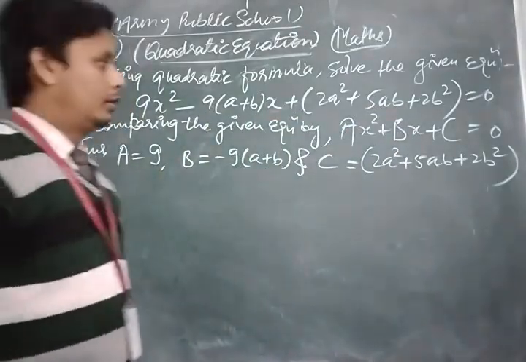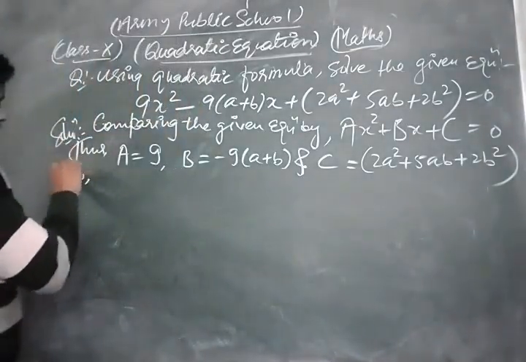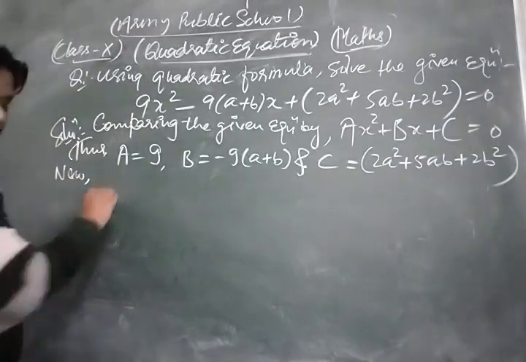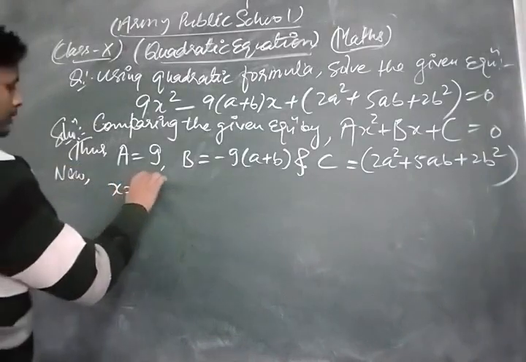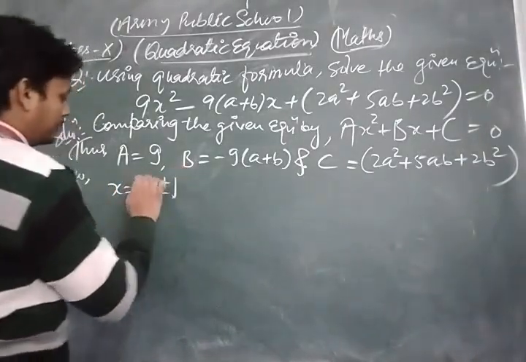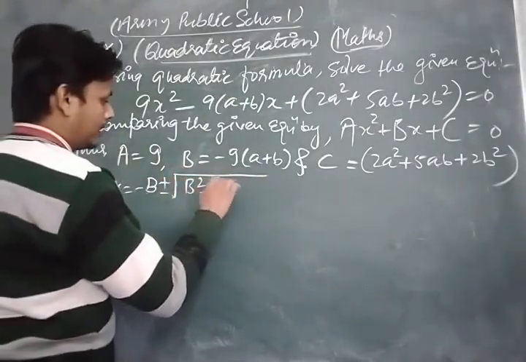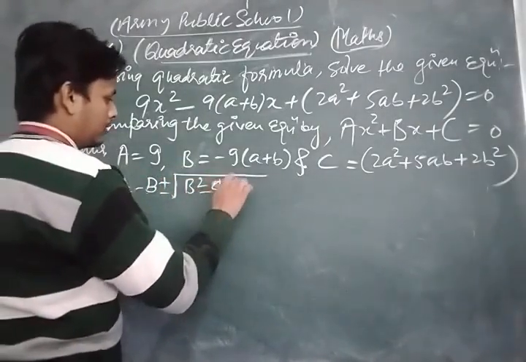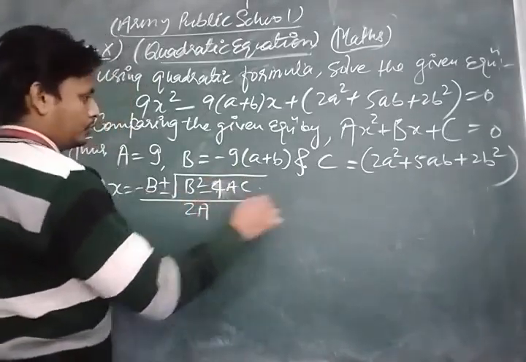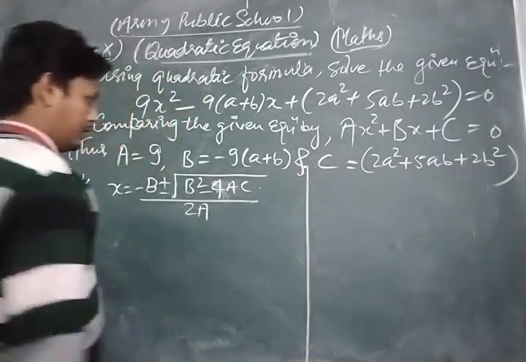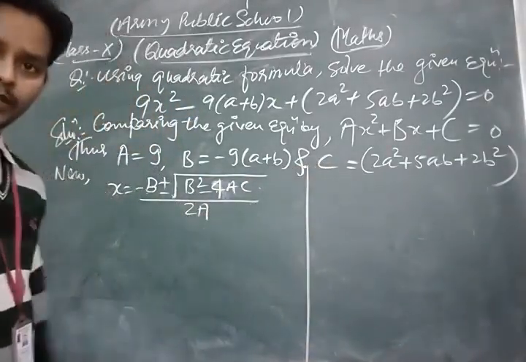Now we apply the quadratic formula. By the formula, x is equal to minus b plus minus square root of b square minus 4ac upon 2a. We put all these values in the equation.